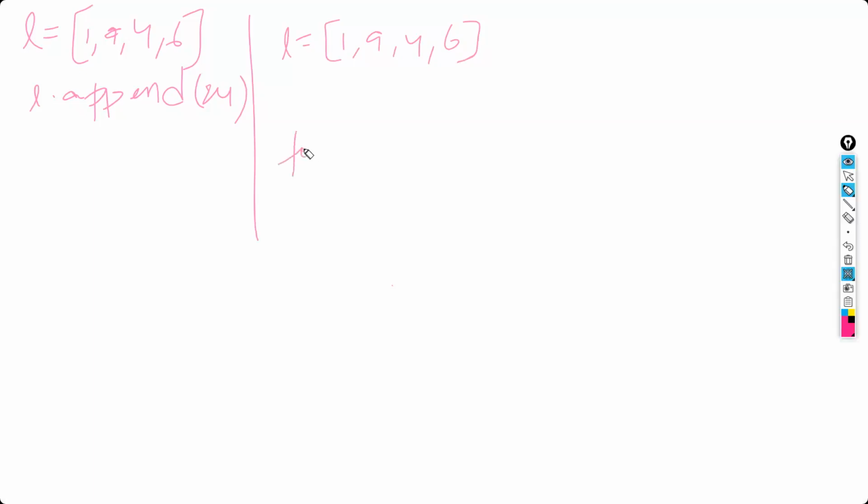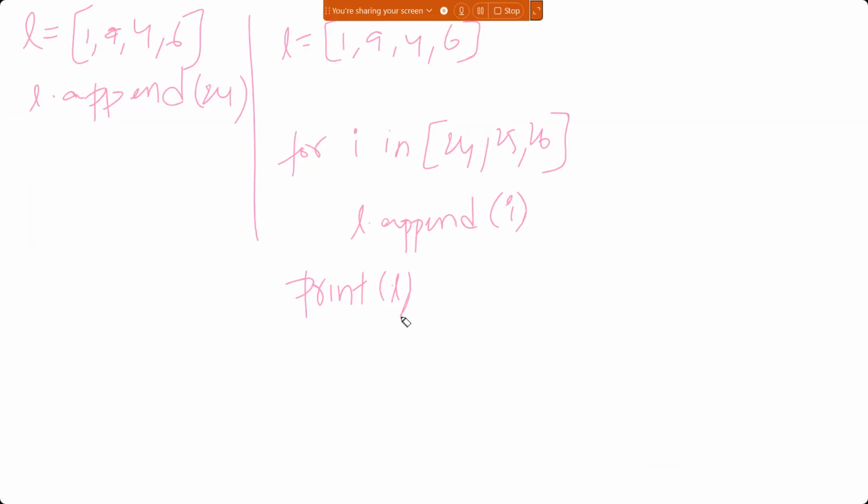Now I'm going to take for I in list of 24, 25, 26: L.append of I, and print L. When you want a single number, you are appending directly like this, just by using append. When you want multiple, you are using a for loop. Remember this: multiple means for loop. Single means direct.